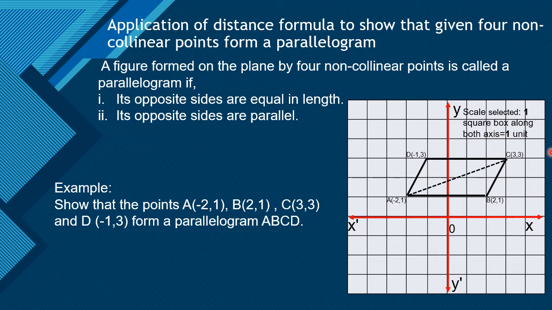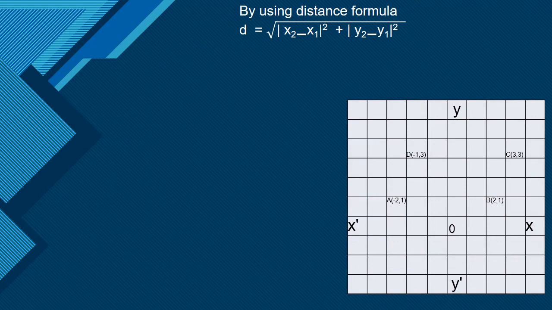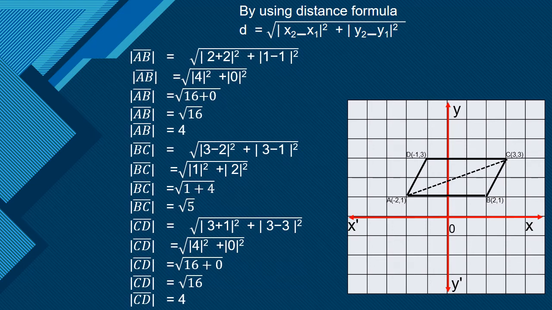By joining these points, we found this parallelogram. Here we have also joined the points A and C, and AC is the diagonal of this parallelogram. Now students, we have to apply the distance formula to find out the distances AB, BC, CD and DA.